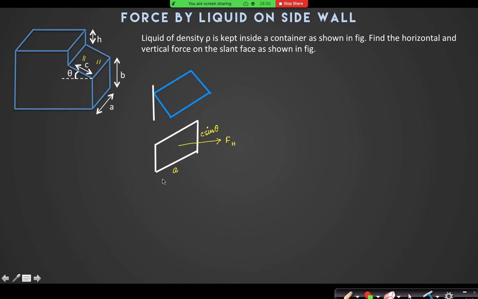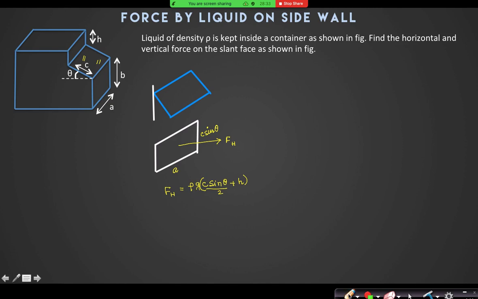Rho g into H plus C sin theta by 2, into the area, A times C sin theta. So plus H, and the 2 will be below the sin theta only.